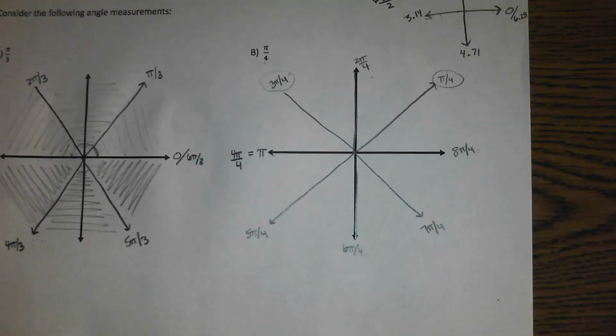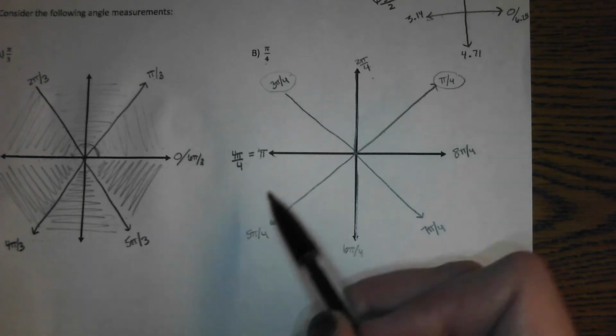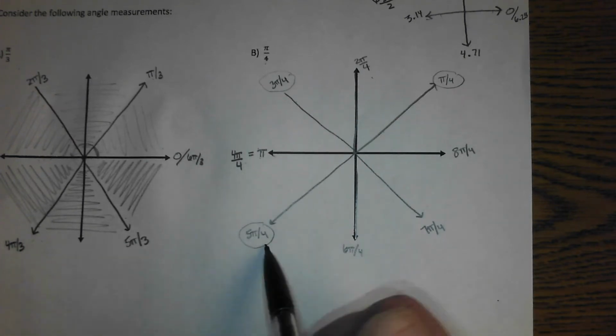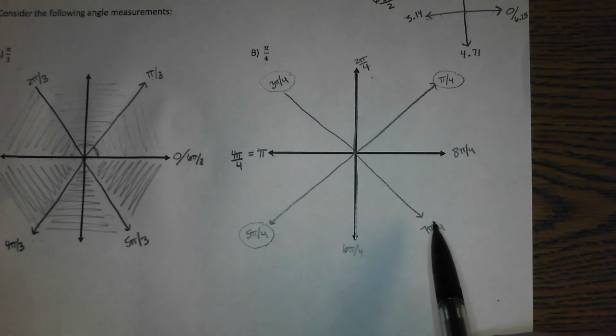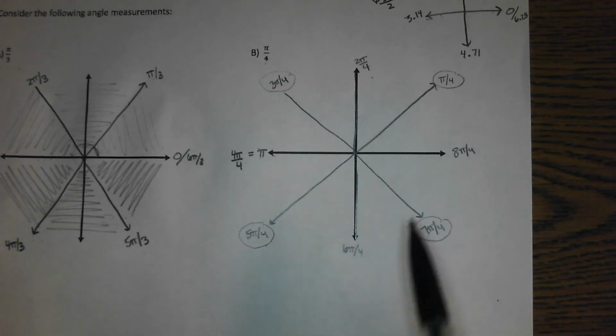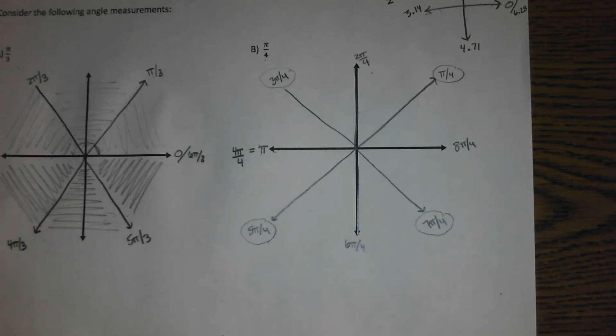So once it's reduced, look at your denominator and see which family it is in. This 5 pi over 4 is the third quadrant version, and this 7 pi over 4 is the fourth quadrant version. And again, if we looked at the reference angle for all 4 of those, they all have the same reference angle of pi over 4. Yes? Okay?